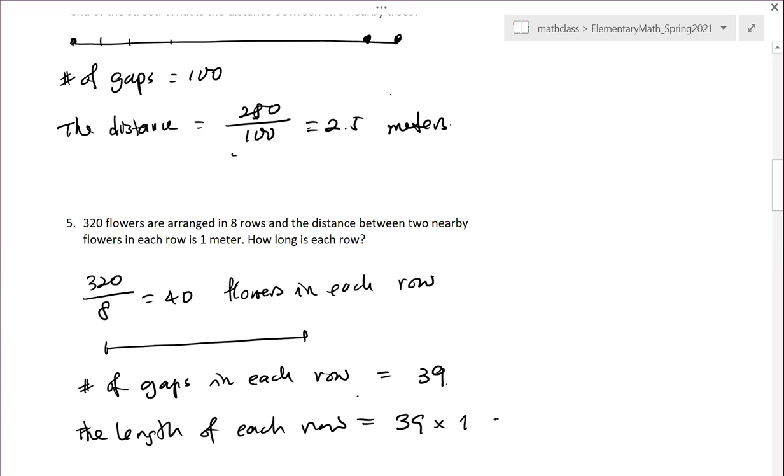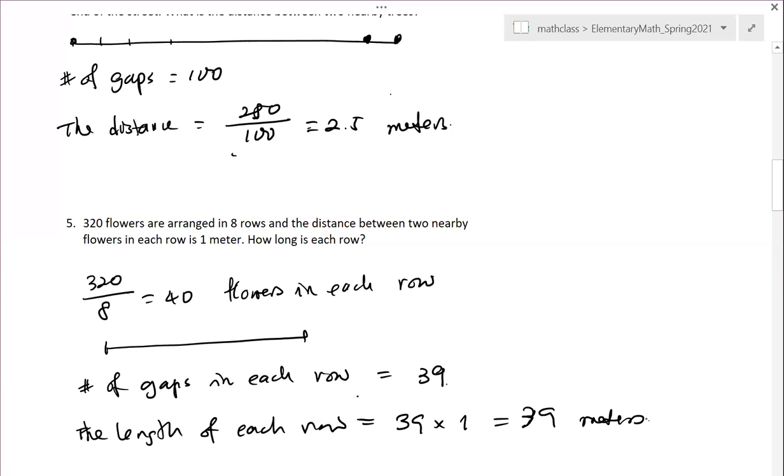The length of the gap is 1, so that's why it's 39 meters. So step by step, this is a two-step problem. You have to figure out how many flowers in each row, then figure out how many gaps in each row between two flowers, then you find out the total length of each row.